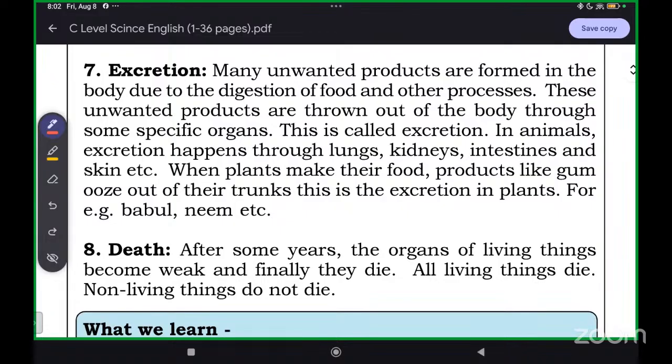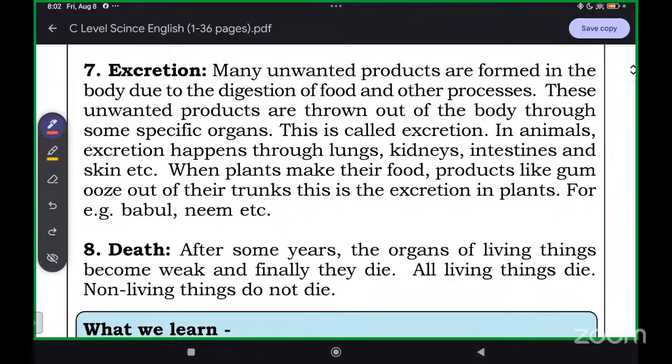In animals, excretion happens through lungs, kidneys, intestines, skin, etc. When plants make their food, products like gum ooze out of their trunks. This is the excretion in plants, for example in babul, neem, etc. In plants, a gum-like substance comes out of them after they make their food.